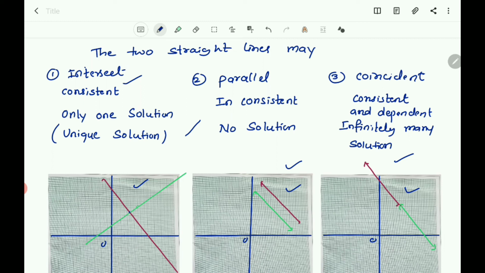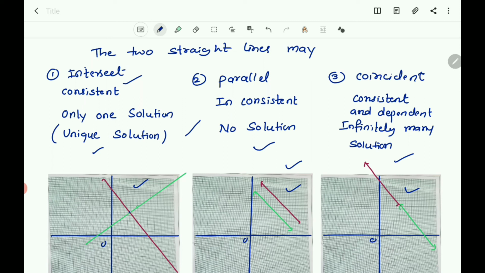In this way, there are three possibilities. If they are intersecting lines, they are consistent and have only one solution. If they are parallel, they are inconsistent and there is no solution.